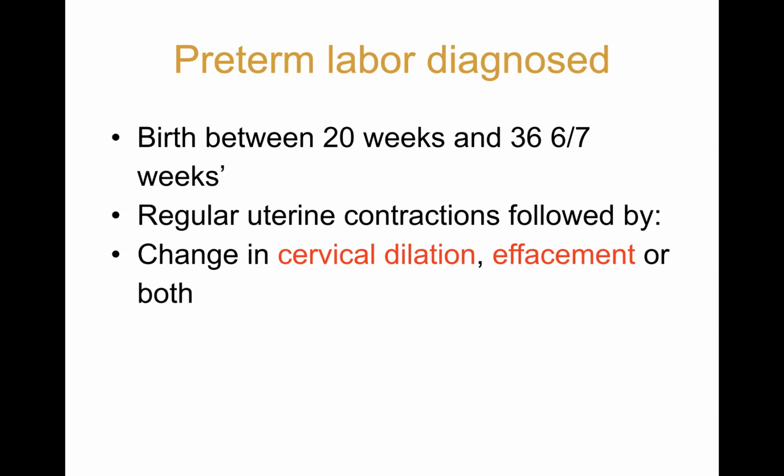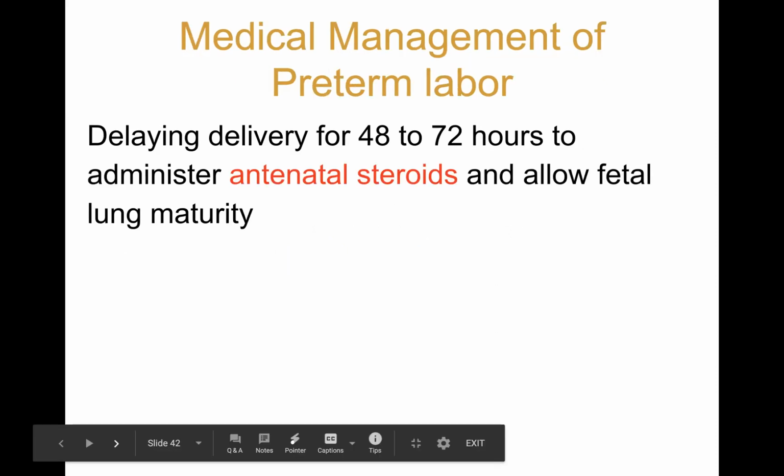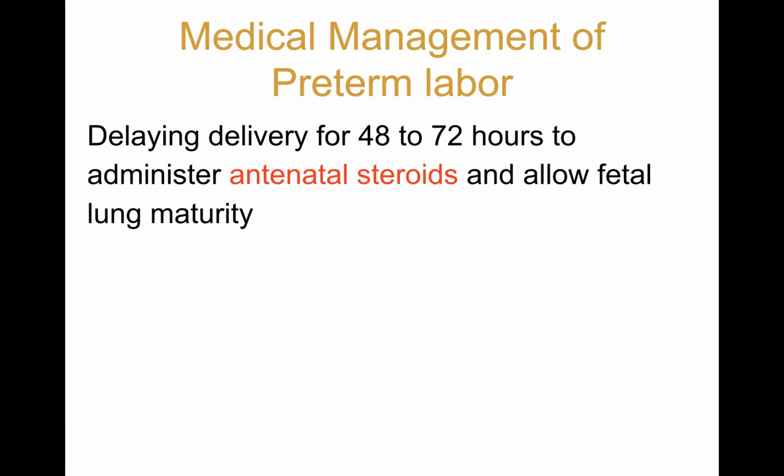Let me say it again, changes in cervical dilation or effacement or both. Medical management, really important, is you want to delay that preterm labor as long as you can. If the further along we can get that woman in her pregnancy, the higher the survivability is of the infant.